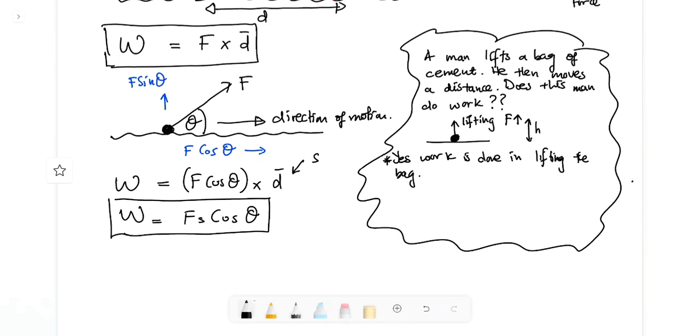Then if he continues to hold the bag in that position or height h and then starts moving, what it means in that case, in the process of moving, no work is done.